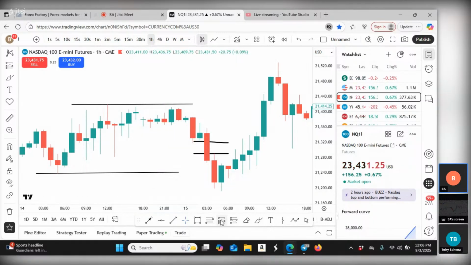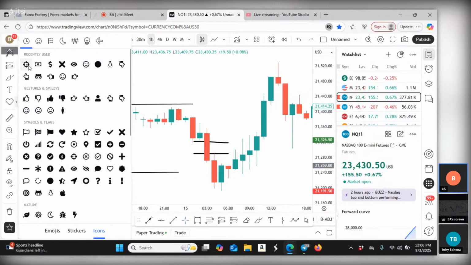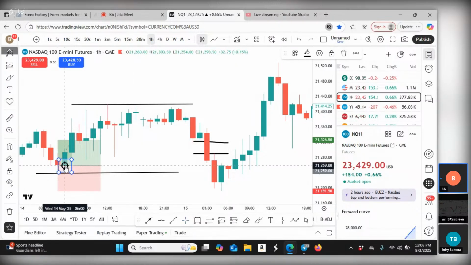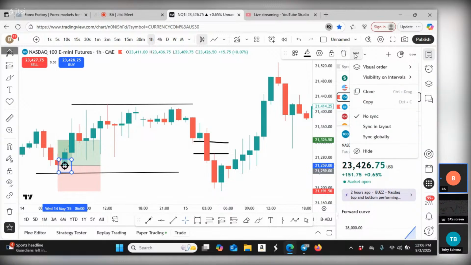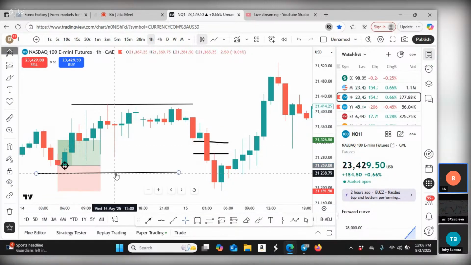So say for example, you try to go long right here. You see this? You have bought right here. You're expecting price to go higher. Where would you put your protective stop loss if you were buying?